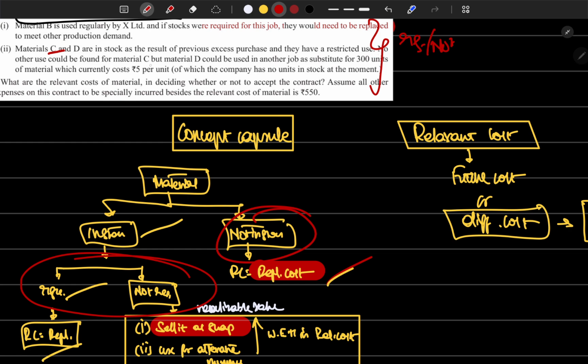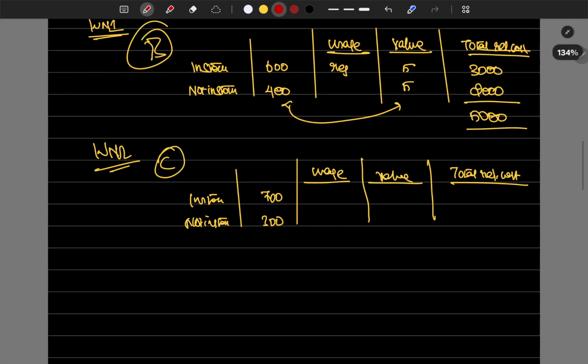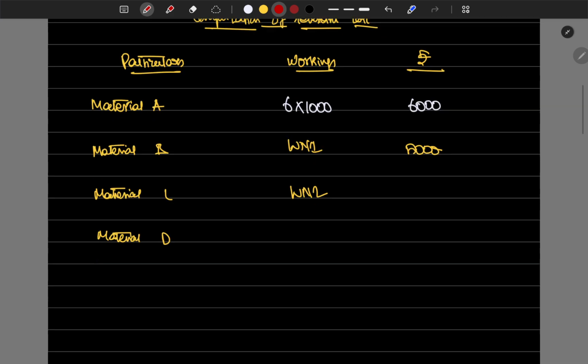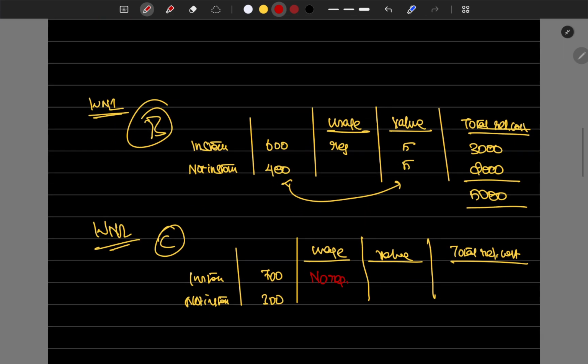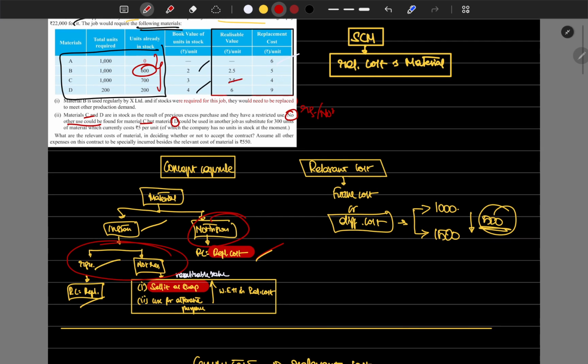So this is not regularly used, and they have a restricted use. No other use could be found for material C. There is no use, only scrap realizable value. Realizable value is how much? Realizable value is 2.5.